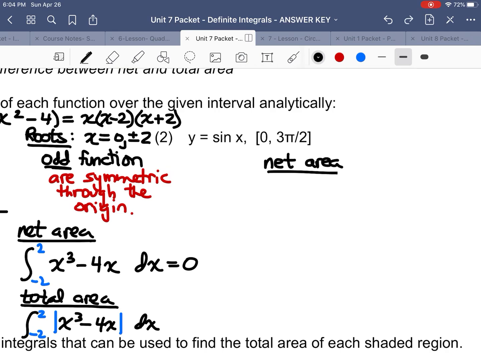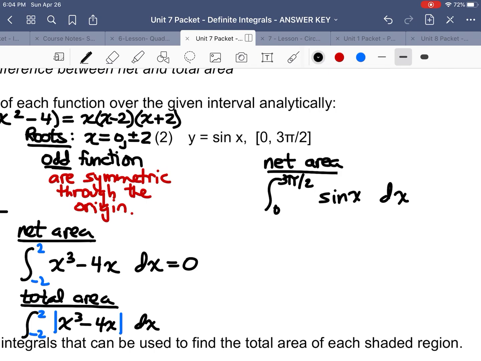and for number 2, for a sine function, part of it is going to be above the axis, part of it's going to be below the x-axis. Poor quality integration symbol. 0 to 3 pi over 2. I'll have sine x dx. That'll give me some answer. Not overly concerned again with what that answer is, because we could put it in the calculator.